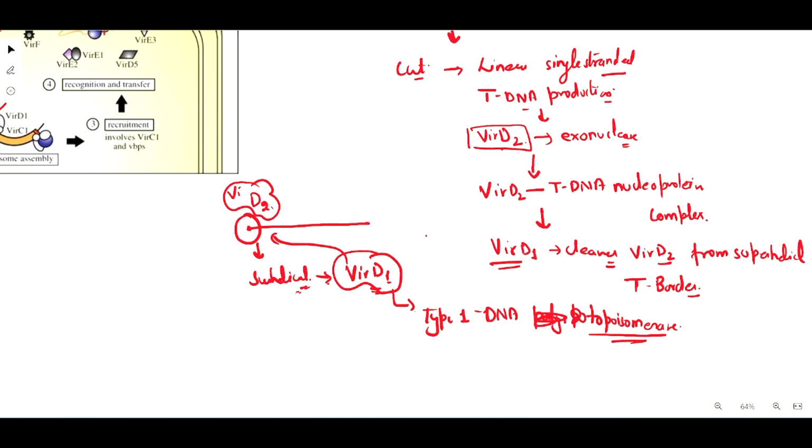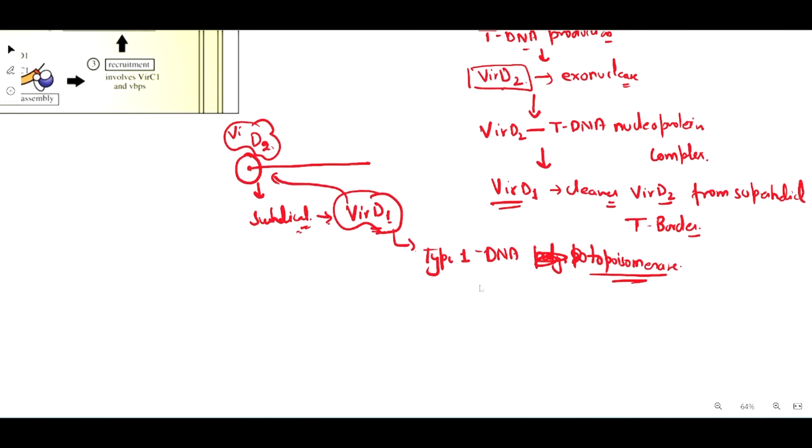DNA, right? And C1 and C2 proteins, which are also present here with the tDNA, act as tDNA production enhancer. So they actually enhance the tDNA production, right?